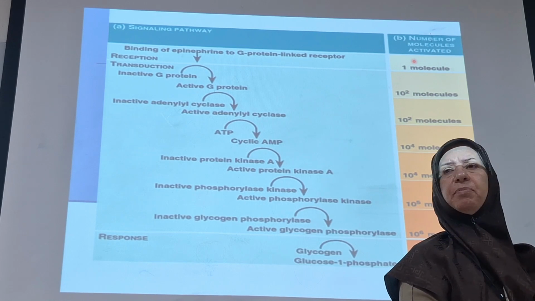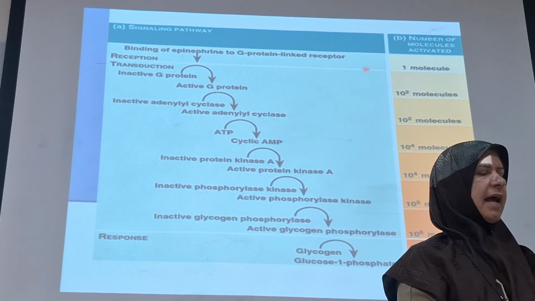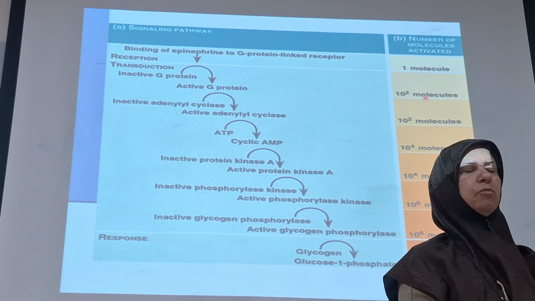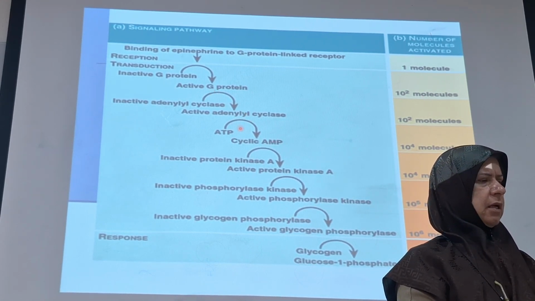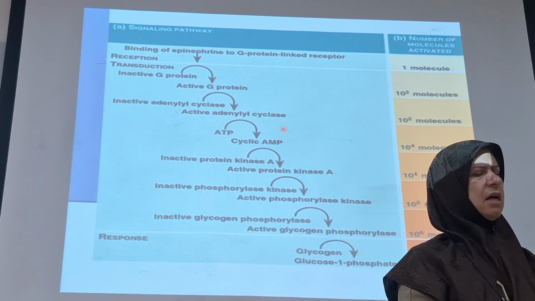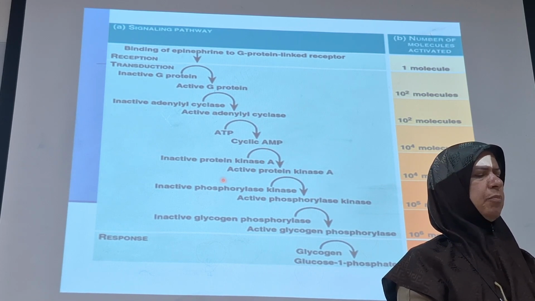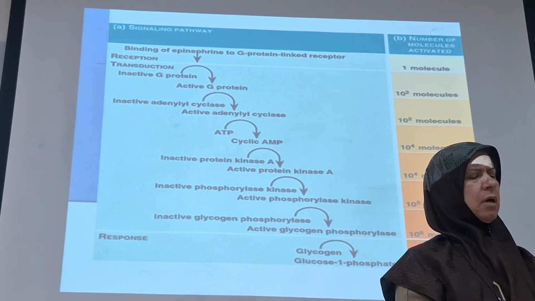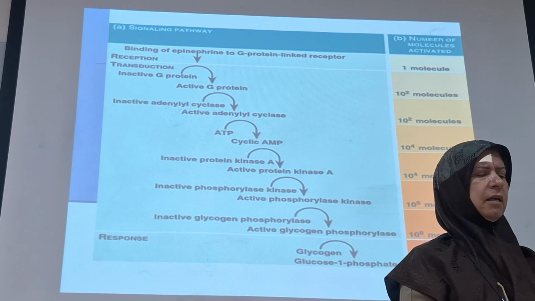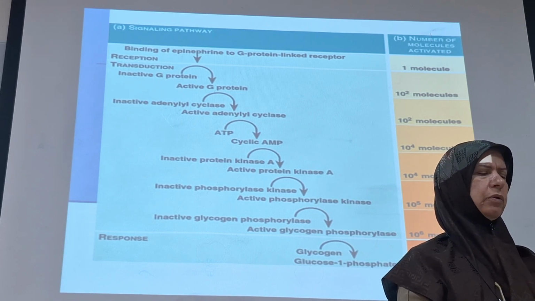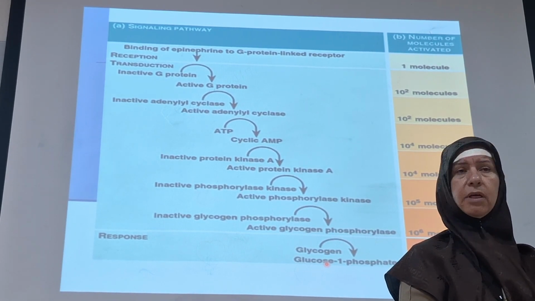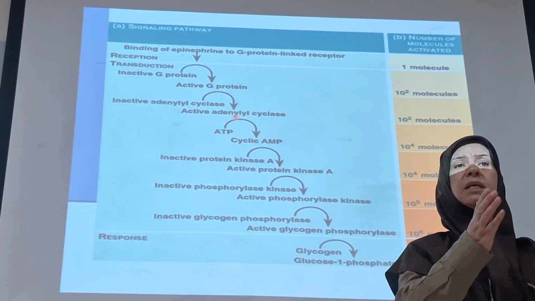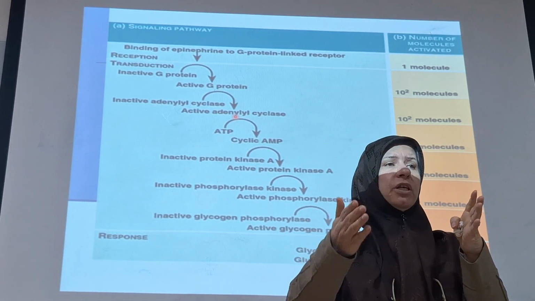One molecule of epinephrine activates 100 molecules of G protein, which activate adenylyl cyclase, increasing cyclic AMP and protein kinase A, and finally 1 billion molecules dissociate from glycogen. We have amplification because of the second, third and fourth messengers.